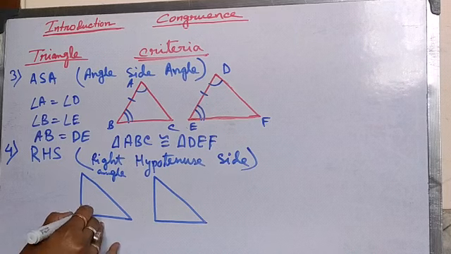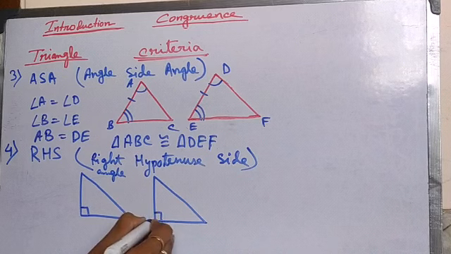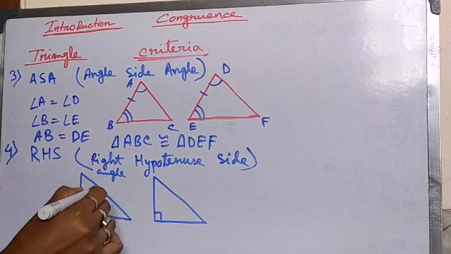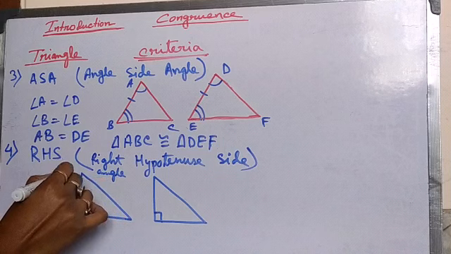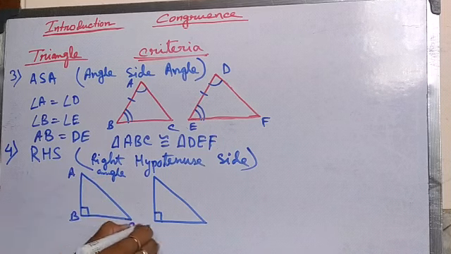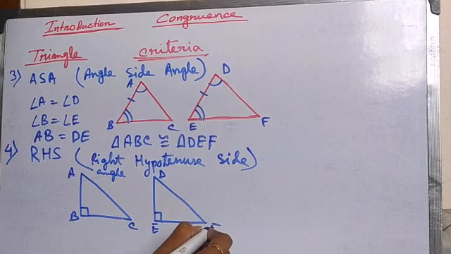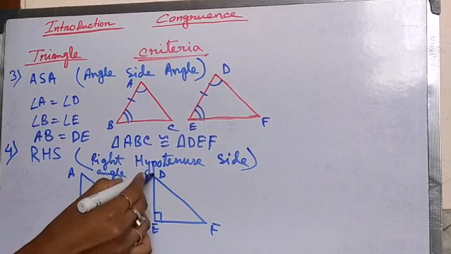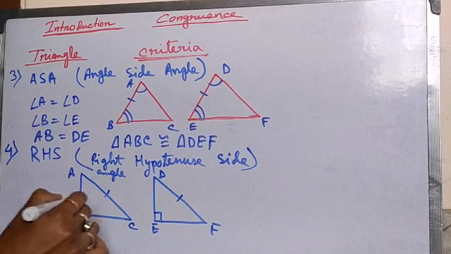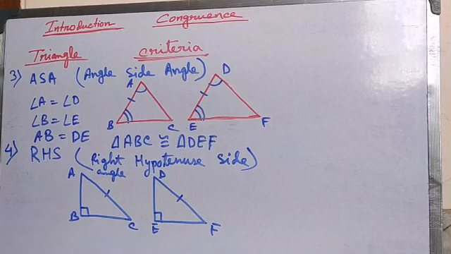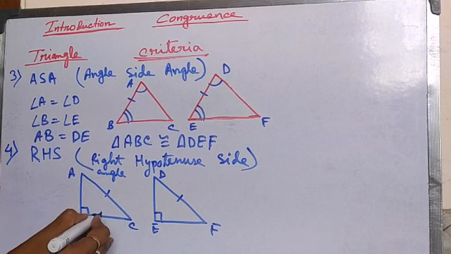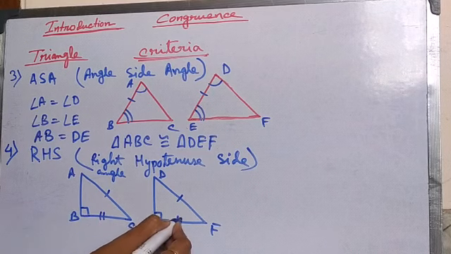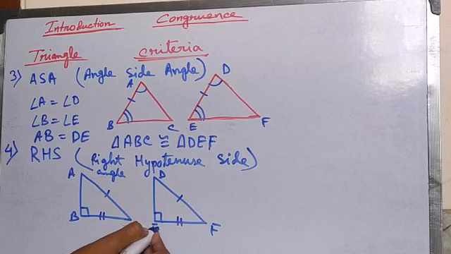Here this is a 90-degree angle, that means a right angle. This is the hypotenuse, ABC triangle, and this is DEF triangle. So AC and DF are the hypotenuses, and any one side, suppose I am taking this one side to be equal, that means base BC and here EF.